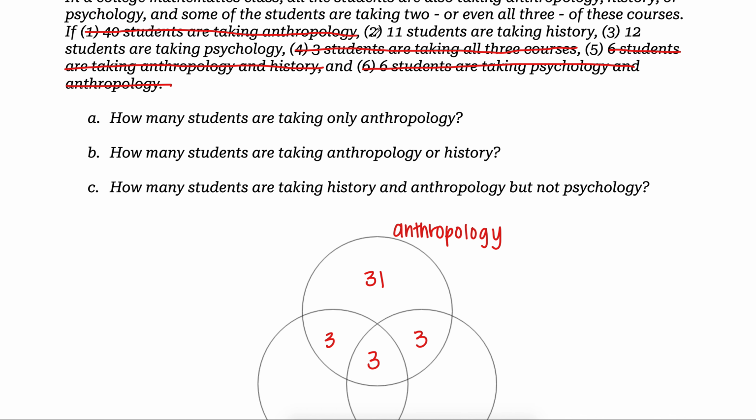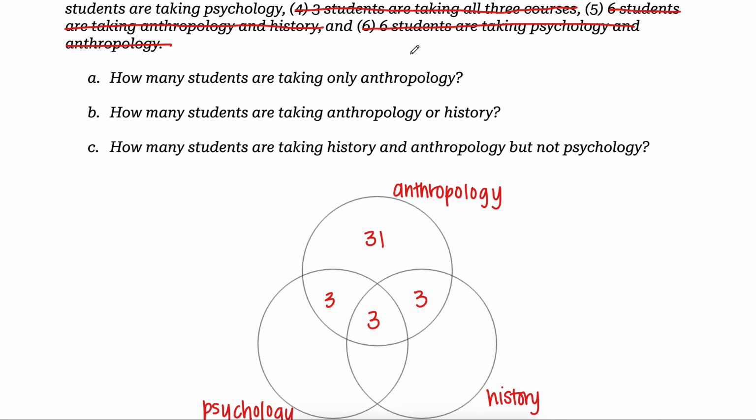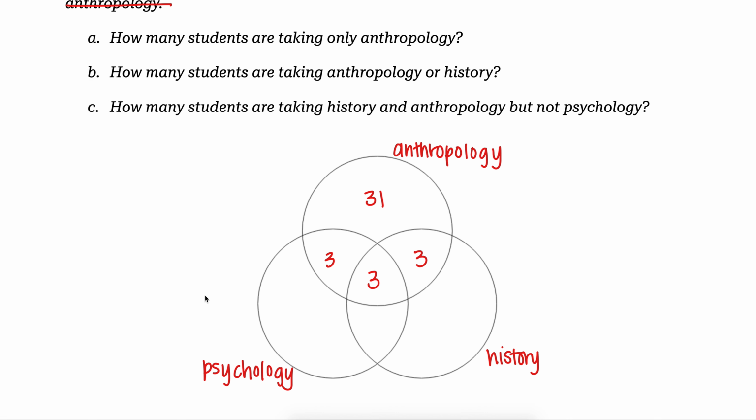Then we're told 11 students are taking history and 12 students are taking psychology. So that means since 11 students are taking history, if I take the 2 squares plus the 3 and 3 here, they're going to equal 11. So let me write that to the side.